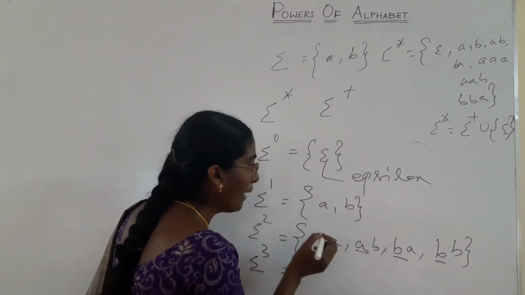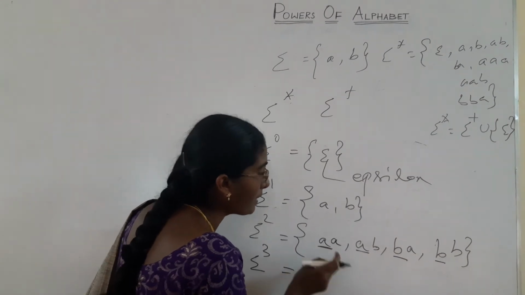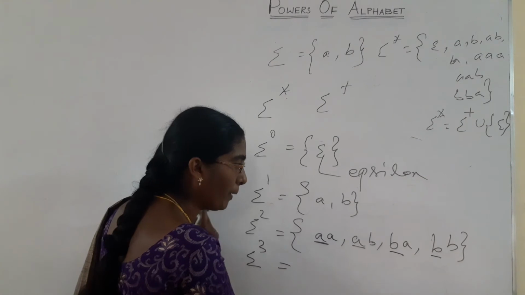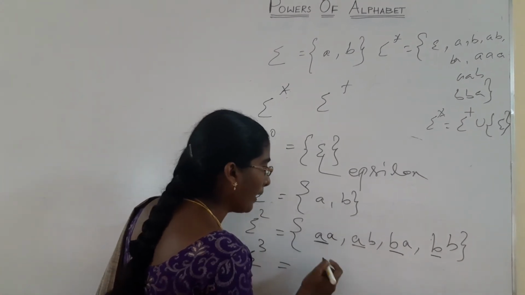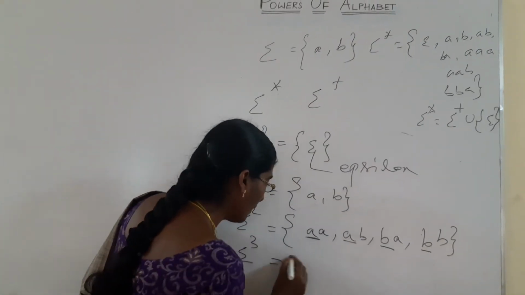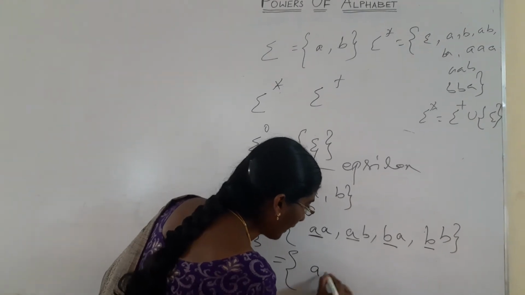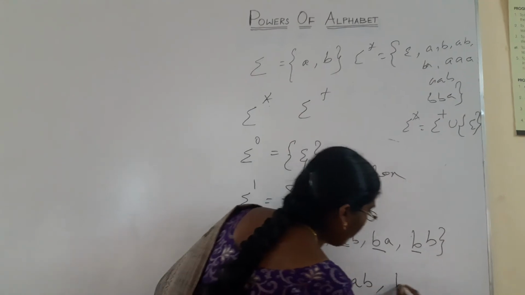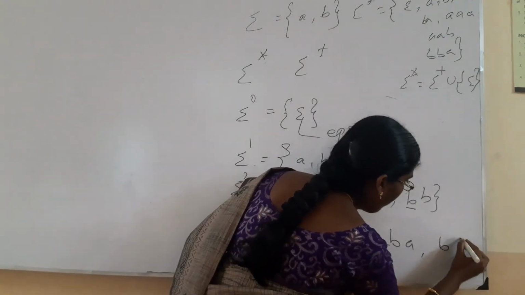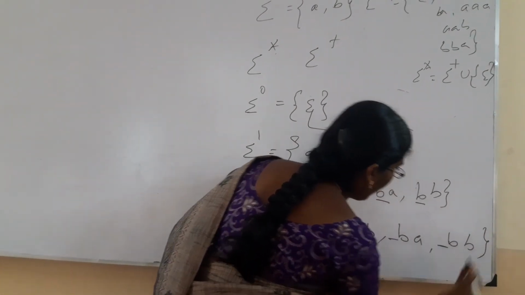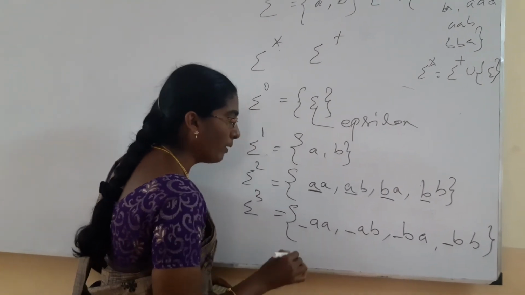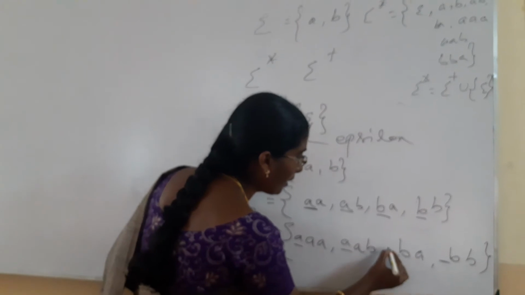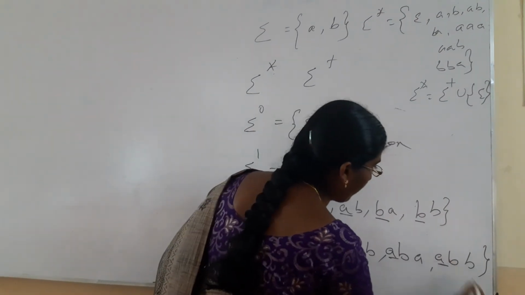Now how will we write summation power 3? Likewise, we have to concatenate the symbols A and B to the symbols present in summation power 2. How will you concatenate? First write the existing symbols: AA, AB, BA, BB. We have to concatenate the symbols A and B. First we will concatenate A. That is AAA, AAB, ABA, ABB.